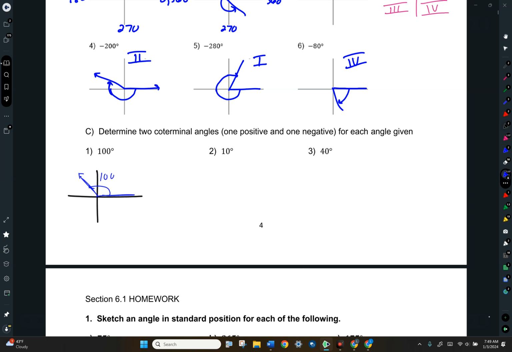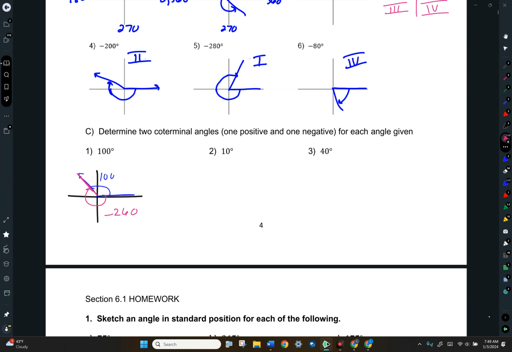Okay, one possible coterminal is if I had gone in the negative direction. Well, if I went in the negative direction and I still wanted to land right there, wouldn't that be a negative 260, right? Because a full circle is 360. So how did I know negative 260? Well, because I'm taking off that 100, so it's only negative 260.